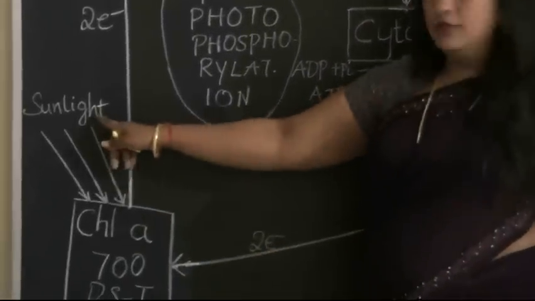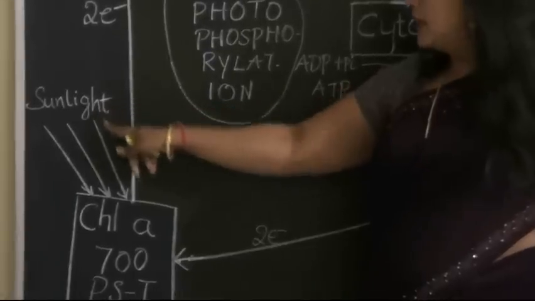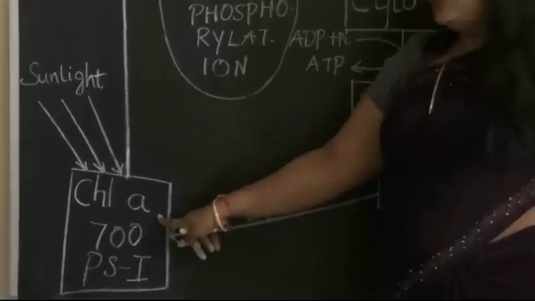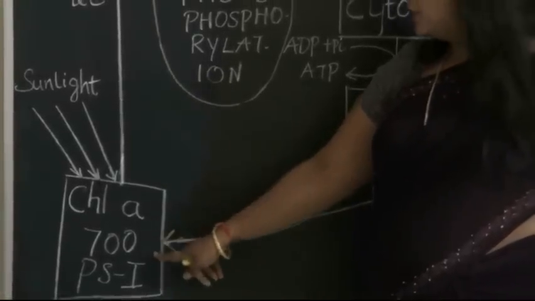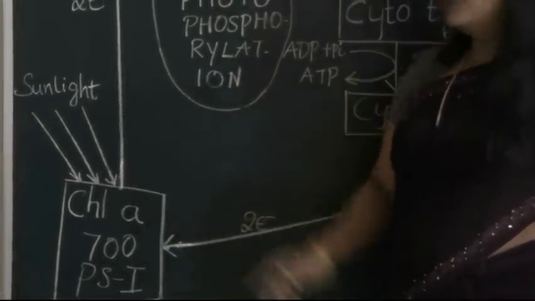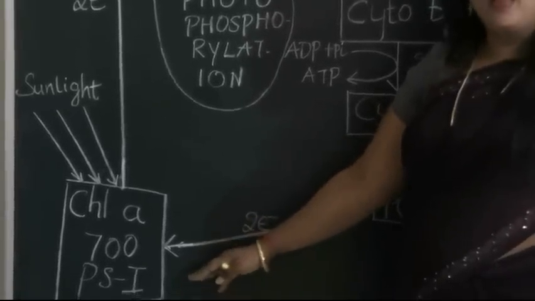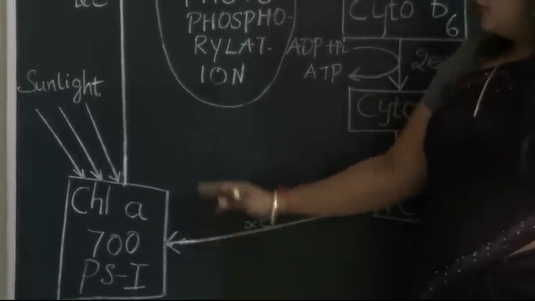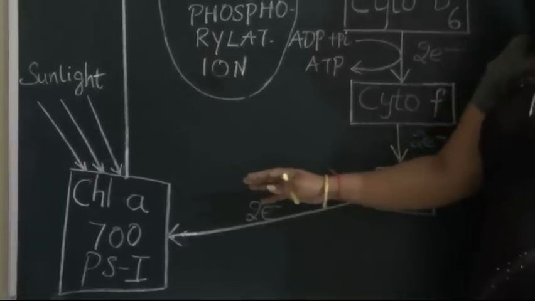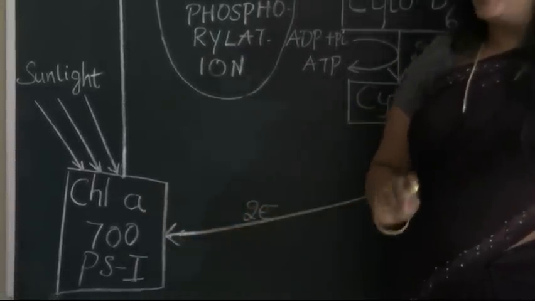During daylight, when sunlight falls on chlorophyll A, which is also called photosystem 700 or photosystem 1, any of these representations can be used. I have written all of them only to explain that they are the same. In your test or exam, if you write any one representation, it is fine.